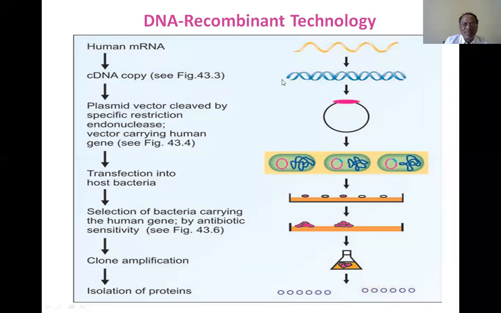And B type is mainly transmitted by blood products, and hence all health personnel take vaccination against B. This protein is also genetically engineered, the hepatitis B vaccine.